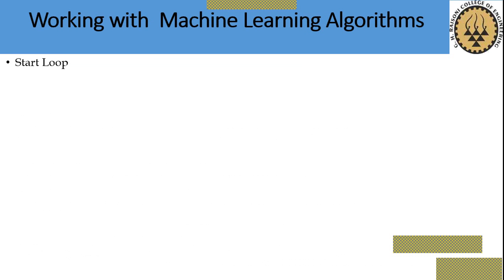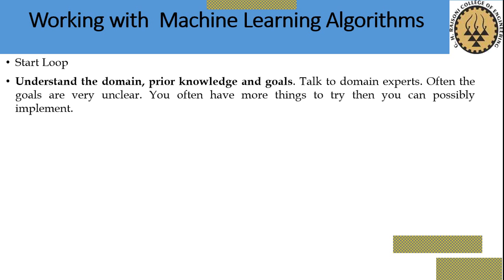How does your machine learning algorithm work? This is a step-by-step execution process of the working of a machine learning algorithm. The first step is to understand the domain, prior knowledge and the goal of your problem. For that you have to talk to a domain expert, because a machine learning expert doesn't have knowledge about each domain.